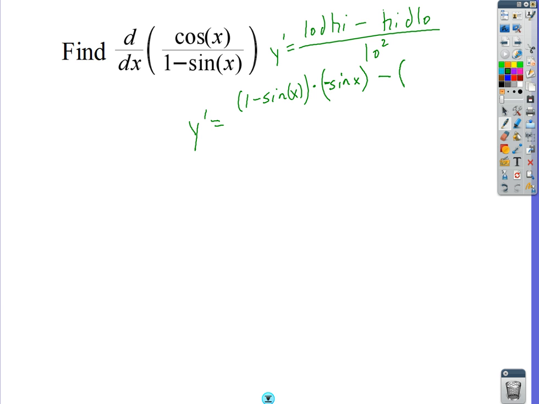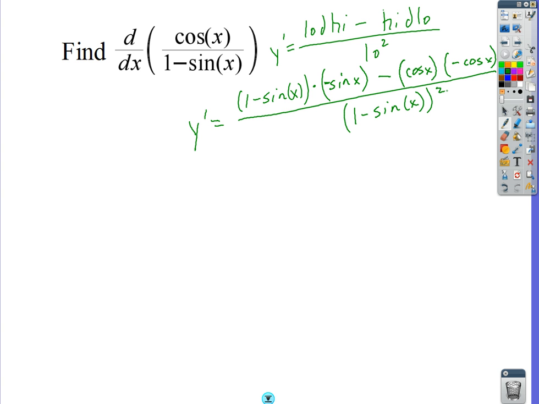Well, high is going to be cosine of x times the derivative of low. Derivative of 1 is 0. Derivative of a negative sine will be a negative cosine of x. All over low squared, so 1 minus sine of x squared. Wow, that's a lot.